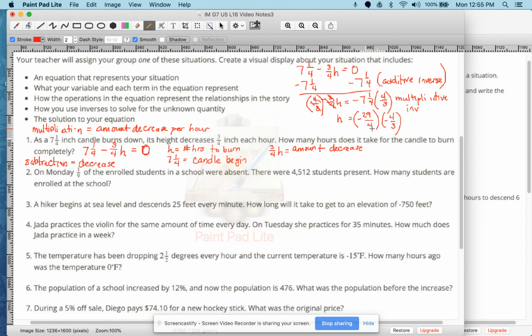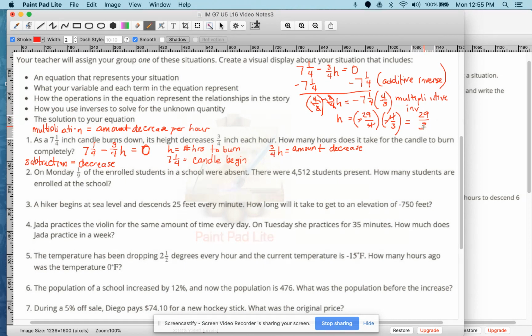And when I multiply these together, 4 cancels out 4, negative cancels out negative, and I get 29/3. But they're asking us how many hours, so we don't really talk about hours in improper fractions. So I'm going to change this to hour language.